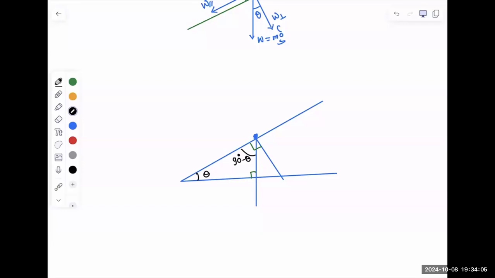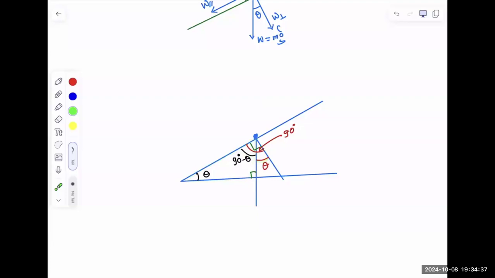No. Maybe, right? So now this is my 90 degrees minus theta. So what will be this angle then? Theta. Yes. Because this whole angle is 90 degrees. So this angle is 90 minus theta. Right? And again here, because of this triangle, this is 90 minus theta. So this is my angle theta.